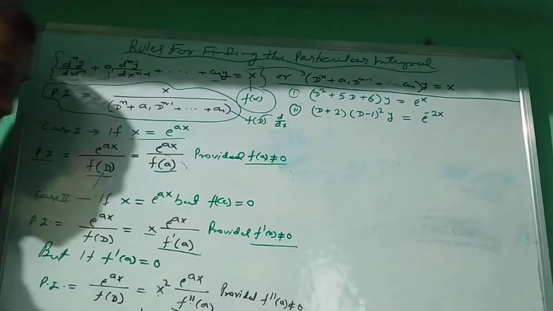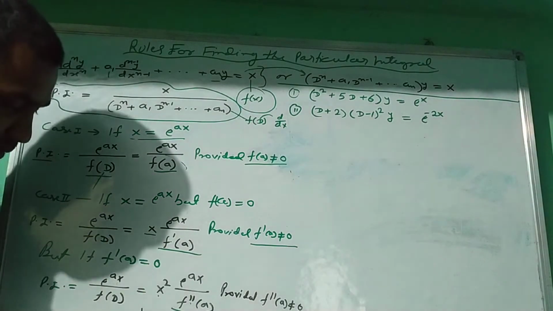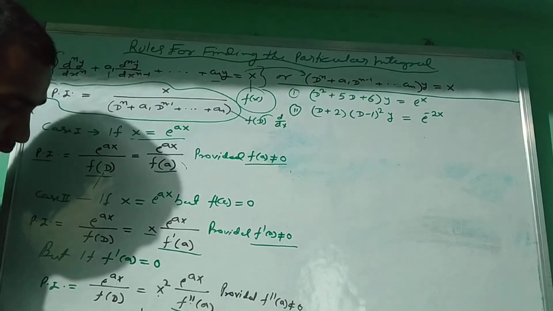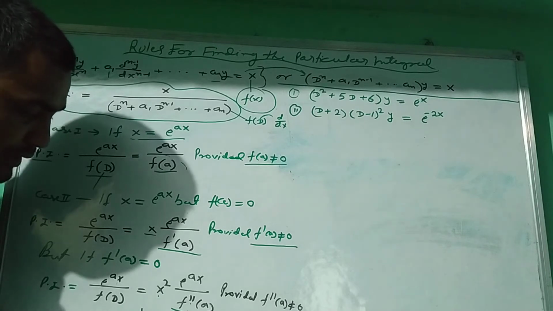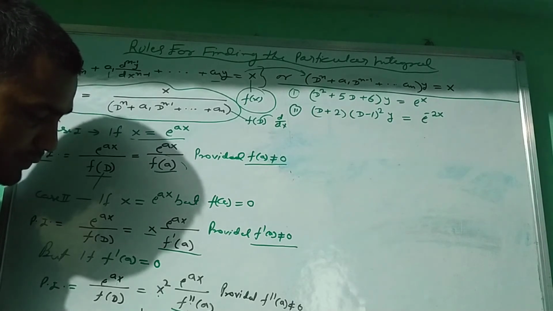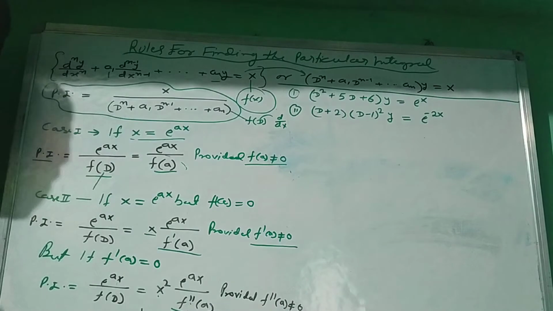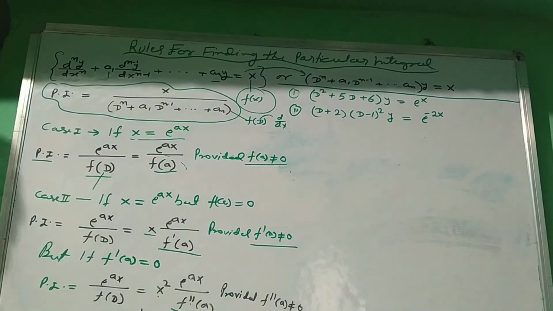Again, if f double dash a equal to 0, then in the next term we can calculate this particular integral like this, x cube e to the power ax upon f triple dash a, and so on.